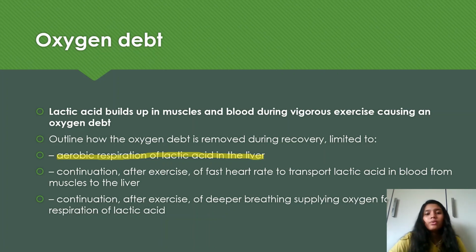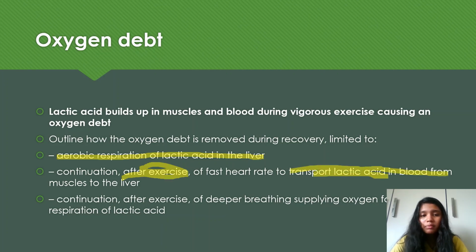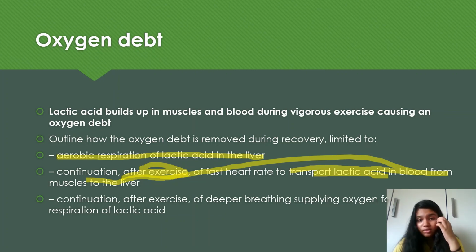Now, this is how your lactic acid is removed. But to completely remove your oxygen debt, after exercise, your heart continues to beat fast and deep, okay, to transport lactic acid in the blood from the muscles to the liver, okay, extremely important, trust me. Why?